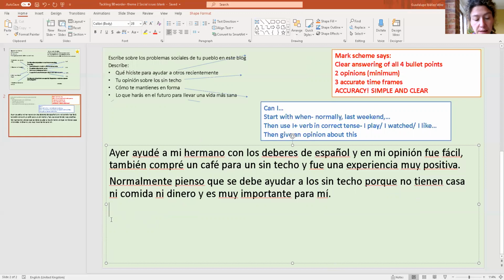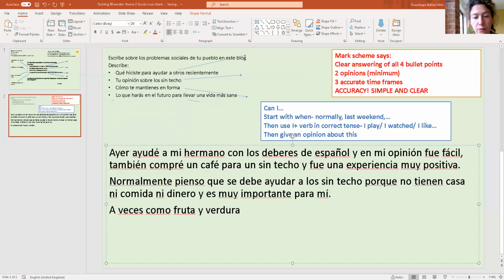So can I say sometimes I go to the gym? So a veces. Or can I say a veces I eat? So that is the present tense. To eat, comer. So como fruta y verdura.